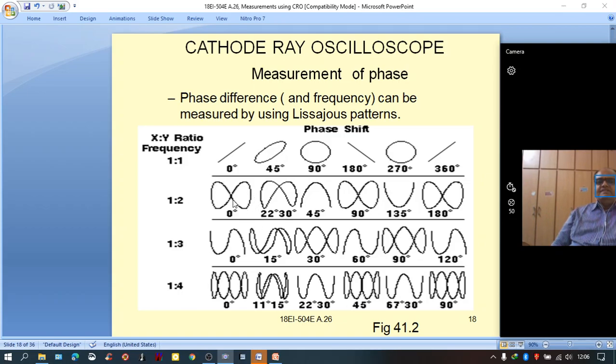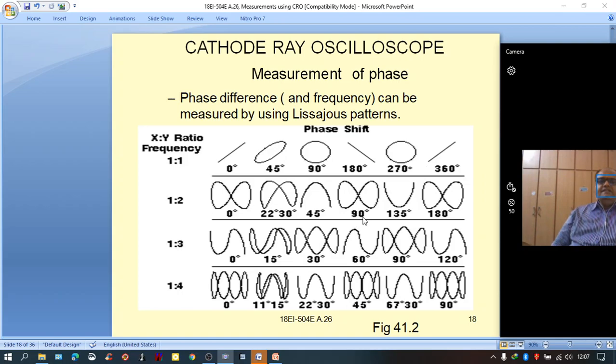And the same shape continues, but the structure will change for 22 degrees 30 seconds, and for 45 degrees we will get an open-ended type of ellipse, and for 135 degrees, exact opposite of this, 180 degrees difference from this and this, here it is downwards, here it is upwards.